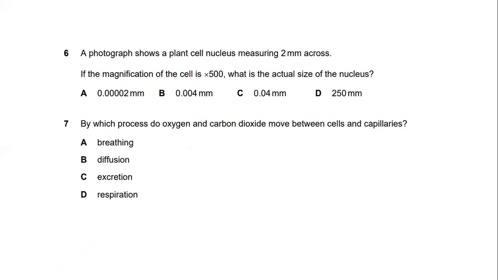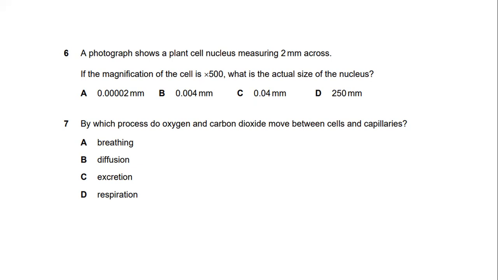Number 6. A photograph shows a plant cell nucleus measuring 2 millimeter across. If the magnification of the cell is 500, what is the actual size of the nucleus?